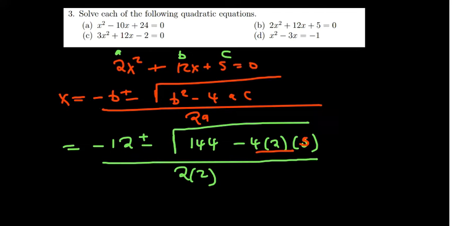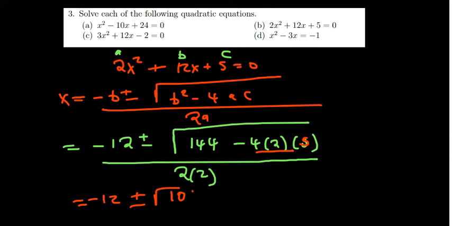Isn't that 40? 8 times 5 is 40. 40 from 144 is 104. So square root of 104.